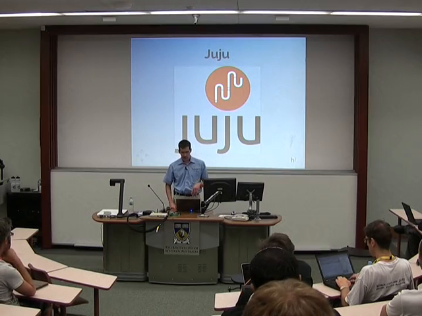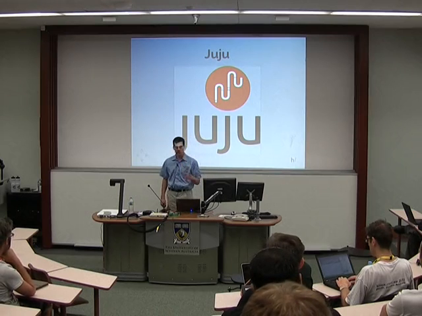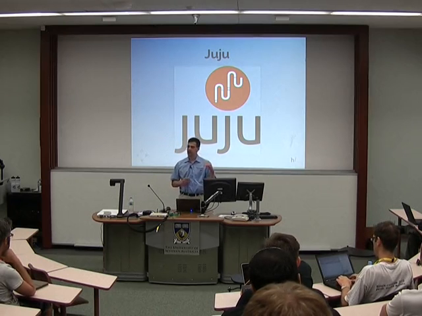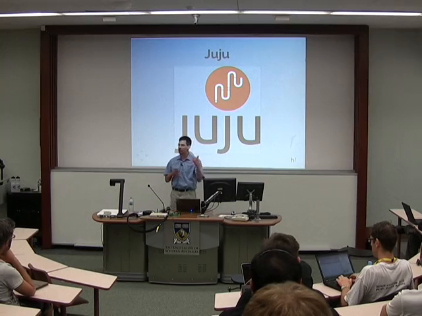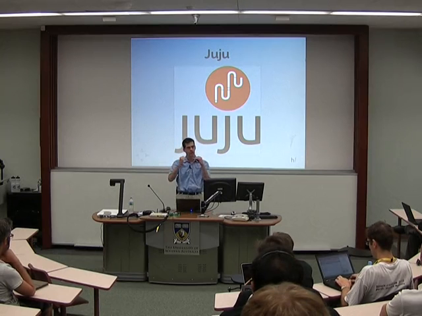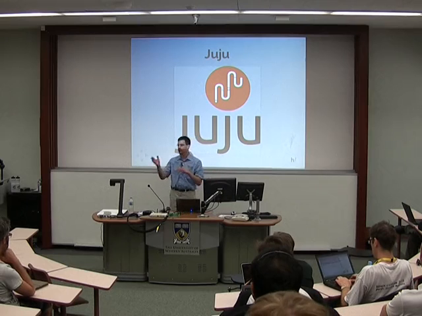All of Juju is interestingly controlled through a single YAML file. Juju comes with a GUI that you can use to graphically place your charms and the relationships between them, and it will then generate that YAML file for you. And then you can easily share that with someone else.